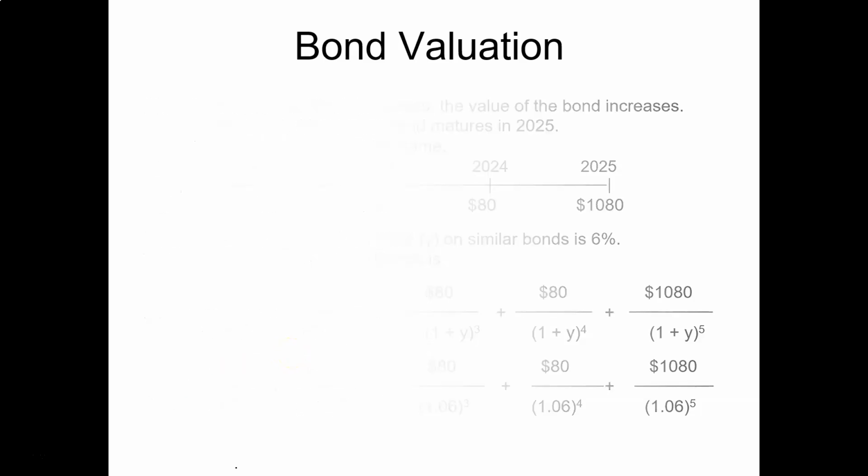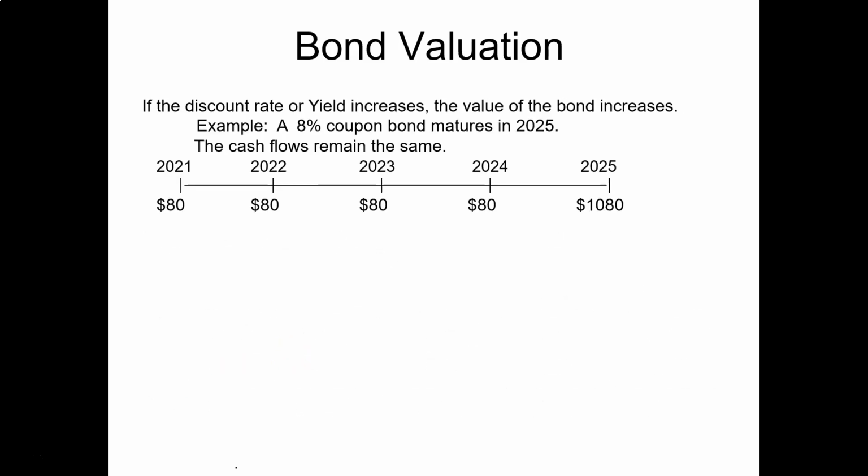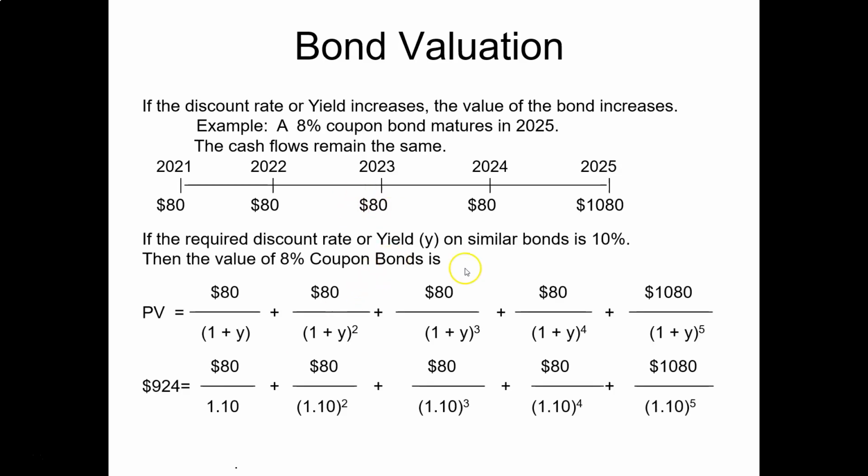What if we have a higher discount rate? Suppose the discount rate is 10%. Now we recalculate the present value of cash flows using this new discount rate at 10%. For the cash flow in 1 year, the present value of the cash flow in 1 year is $80 over 1.1, that is 1 plus interest rate.